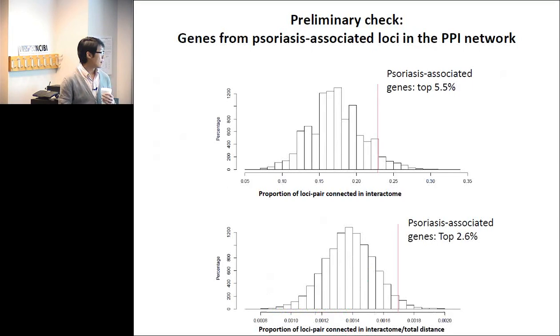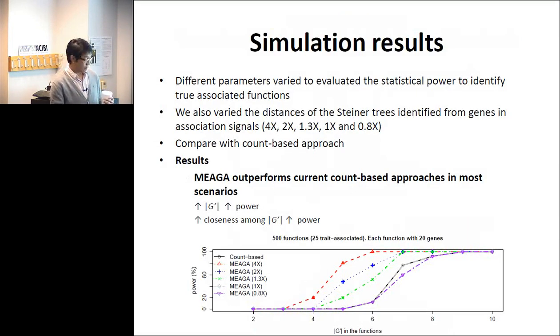We compare with the commonly used approach for the functional enrichment test in genetic studies, the count-based approach, which is like the two by two tables that I showed you. We see if, for each function, those genes are enriched within the associated loci. Okay, so there are two main observations, actually three.